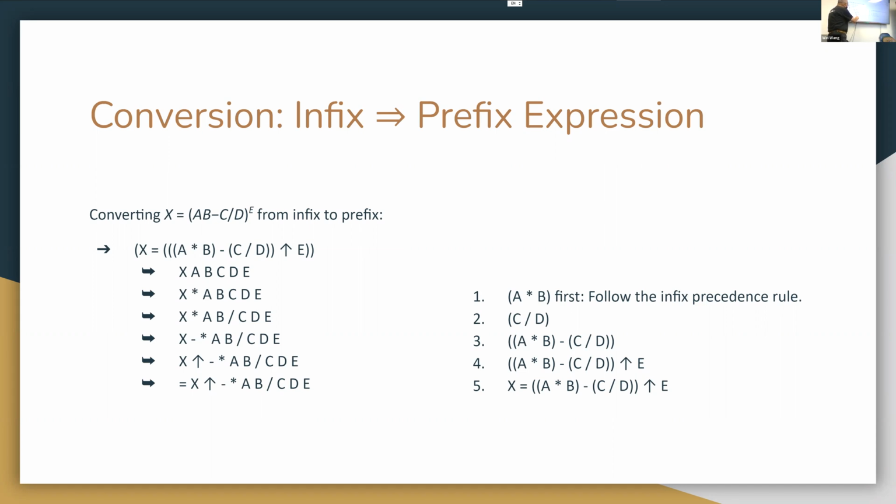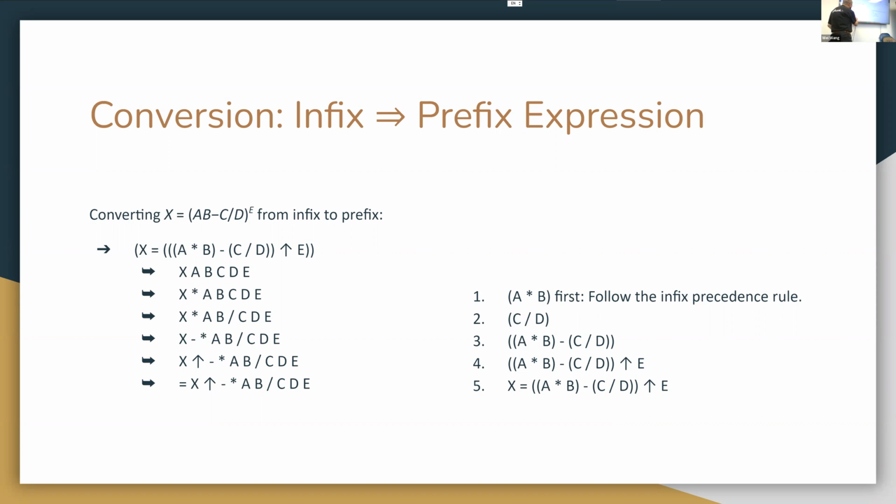And then you go further, you see one operator and two operands again, and that gets evaluated next. And then this becomes one operand, this becomes one operand, and this becomes another operand. Three operands, you can operate that. So you go back, and then you hit the exponential.